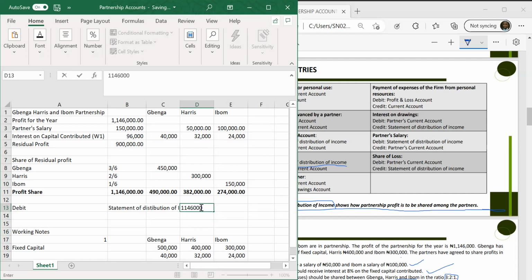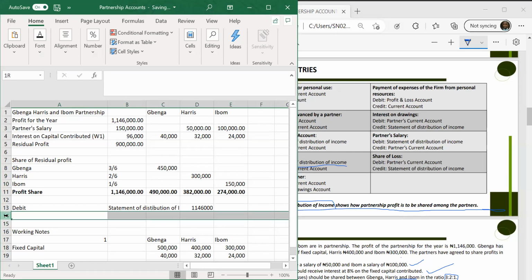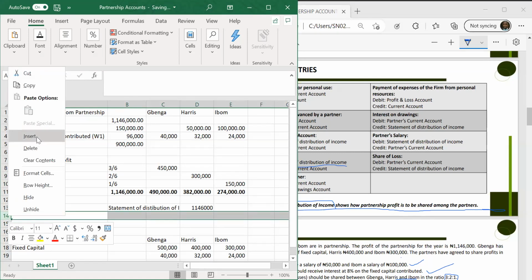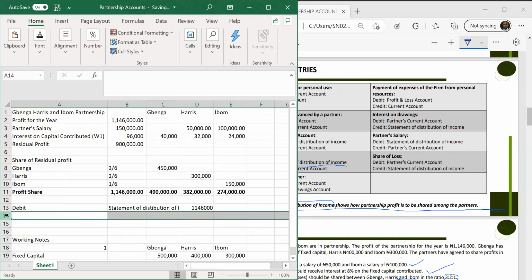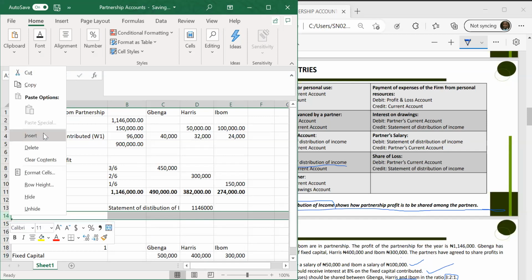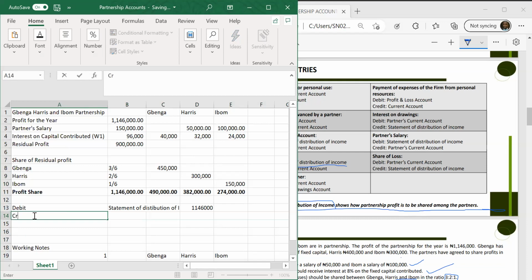We are debiting everything, right? Then we'll now credit all the partners one by one, to their respective current accounts. So you write credit Benga's current account. You credit Benga 490.